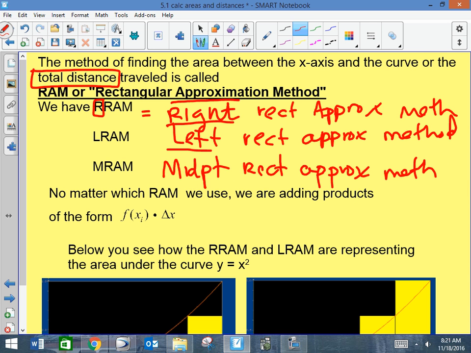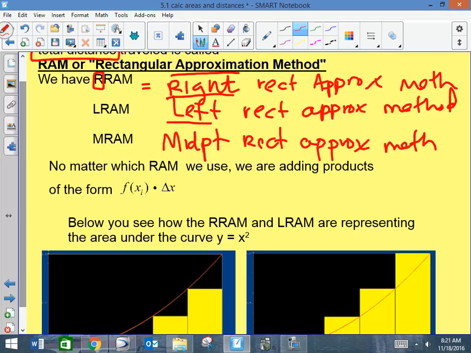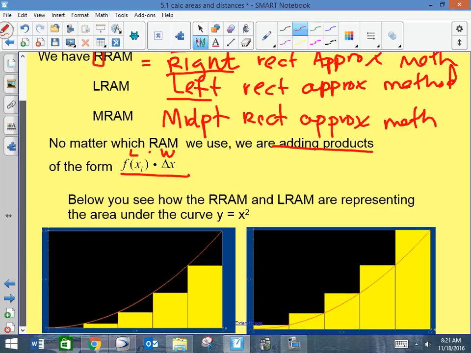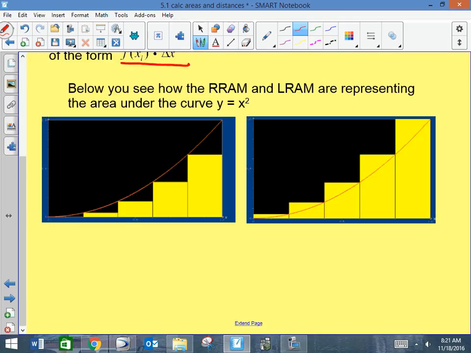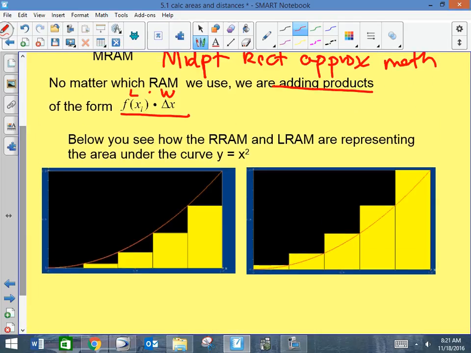Okay. So, no matter which rectangular approximation method we use, we are adding products of, remember, this is length times width. Okay? Product is L times W, which is really F of the particular X, and the change in X. Okay. So we got 2 here. I just reran the ones from the previous page.